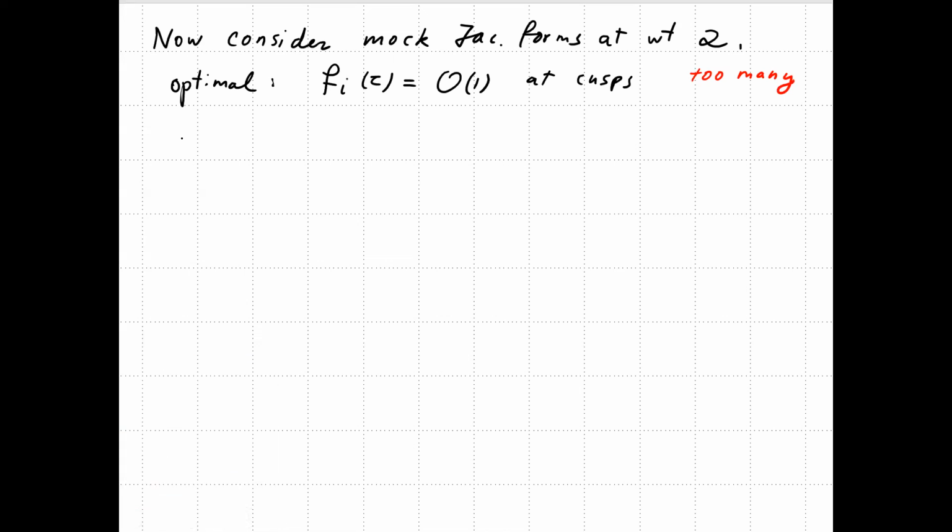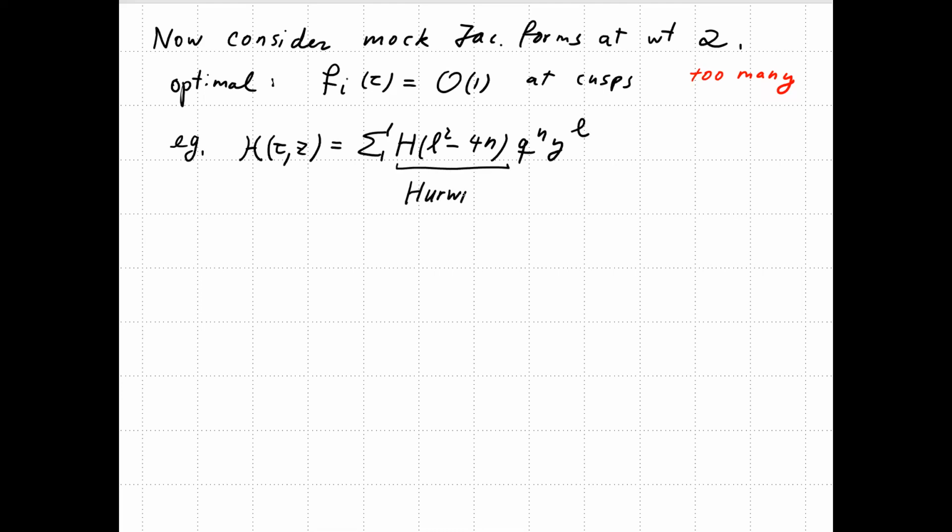So one famous example is a function that plays an important role, for instance, in the Vafa-Witten theory on CP2, which is the Hurwitz class number function. And which is actually one of the first mock modular forms that have been discussed in the modern way. So this function indeed is optimal in the sense that it's finite at all cusps.